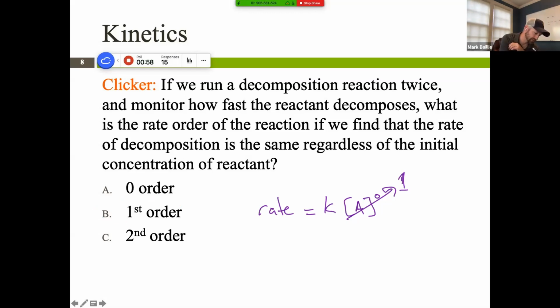So then what's our definition of first order? Sorry, I'm not trying to circle that as the right answer. Answer is 0 order. What's our definition for a first order reactant? How would we define that? Anyone want to take a try?